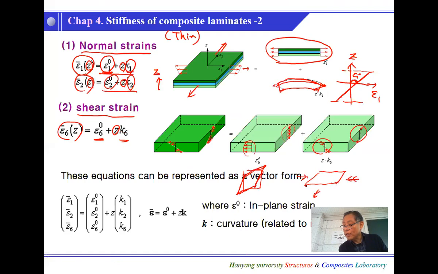So can you see this plate? Can you imagine that? This is the twisted. So twisted deformation has the linear strain variation terms.